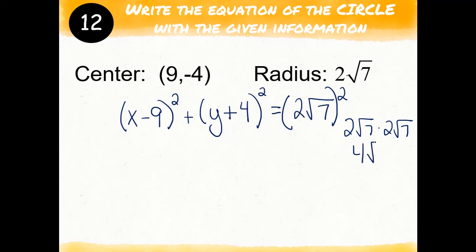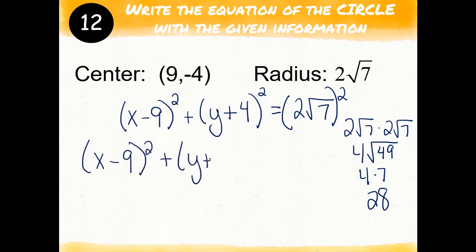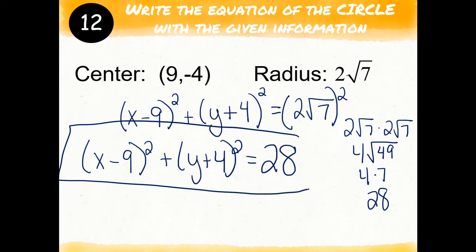Square root of 7 times square root of 7 is square root of 49, but the square root of 49 is 7, right? So this is technically 4 times 7, which is 28. So I'm going to rewrite my equation here. X minus 9 squared plus y plus 4 squared is equal to 28, in fact, for an answer.